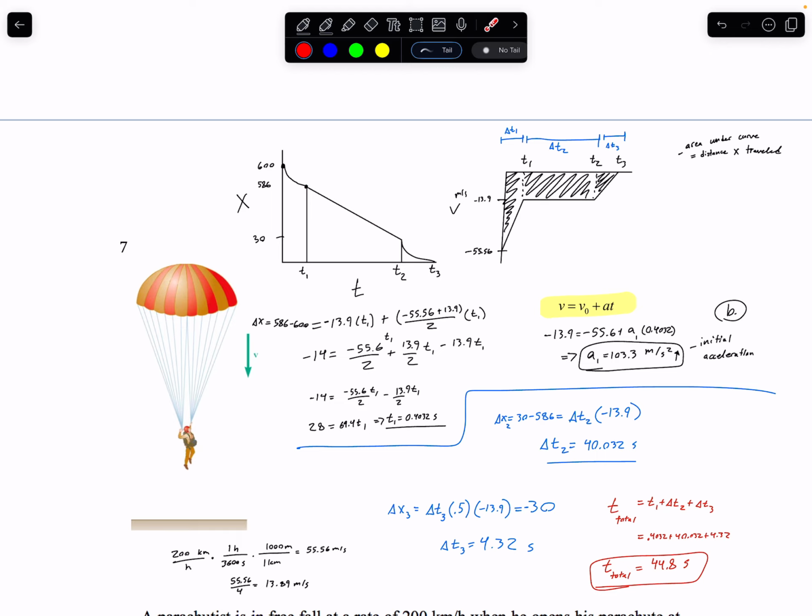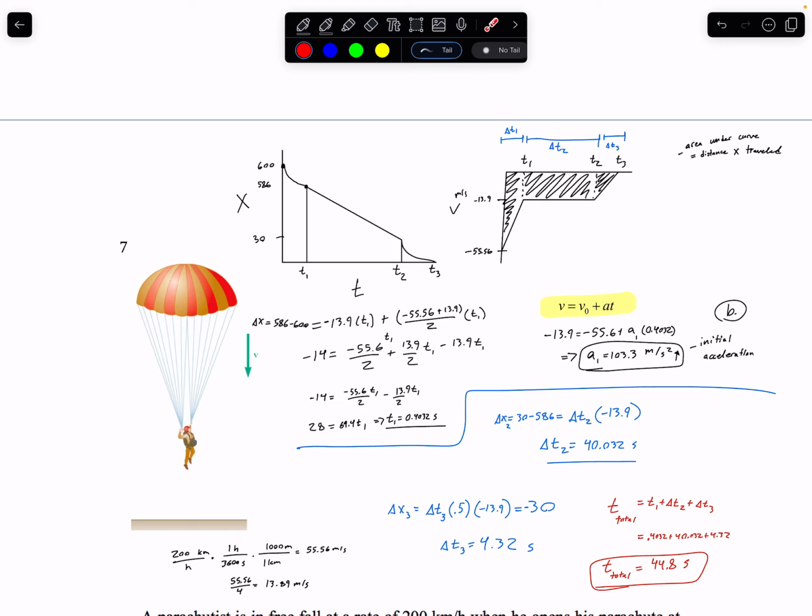But here we can see velocity changing, and the area under this curve is equal to the change in x. So because we're looking for T1 here, we have T1 also right there. The area is going to be equal to that change in position, which is equal to 14, or negative 14, actually.